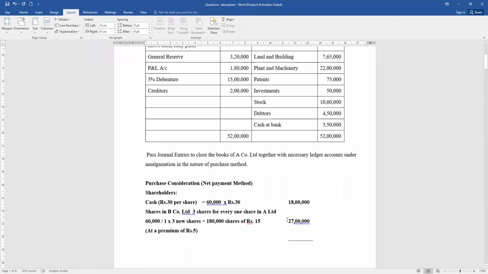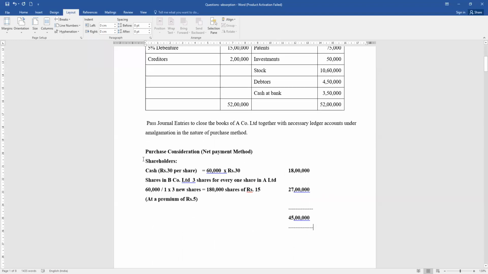Purchase consideration 27 lakhs plus 18 lakhs, total PC is 45 lakhs. Okay. So purchase consideration is over under net payment method.